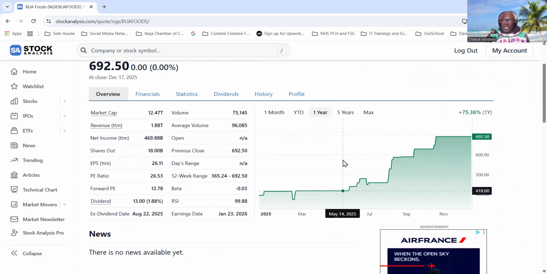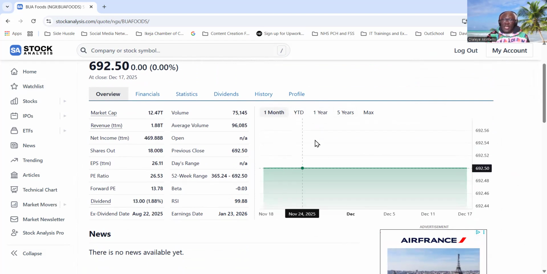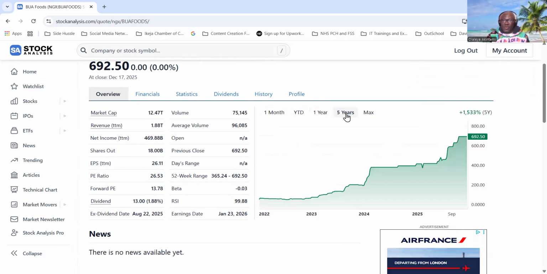And then with this capital history or capital appreciation, you can look into how the capital has increased within 1 month, year to date, or within 1 year, or within 5 years. You can see how this stock has been growing.